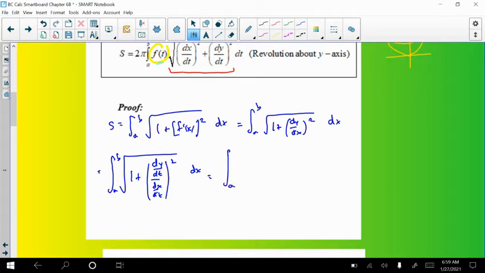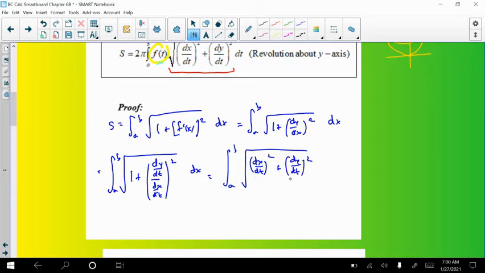We get that really long integral from a to b. What I'm going to do is think about that 1 first as dx/dt over dx/dt, and then find that common denominator. So dx/dt, actually dx/dt squared, I think I said that wrong the first time, plus dy/dt squared.